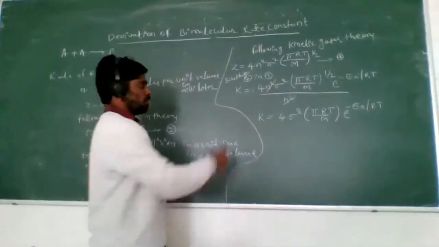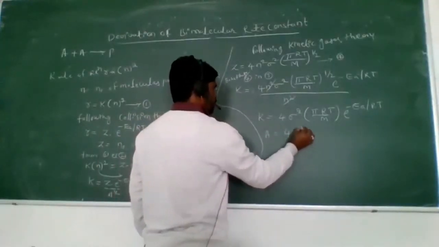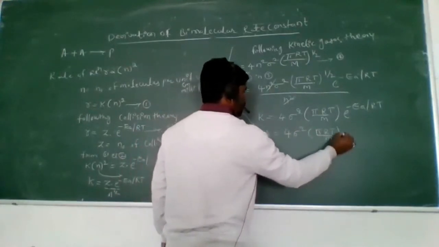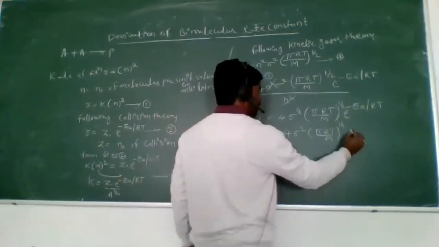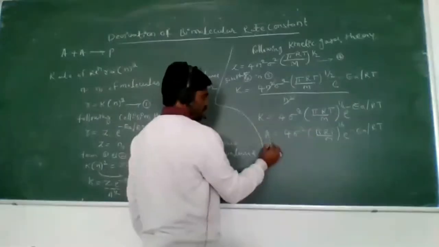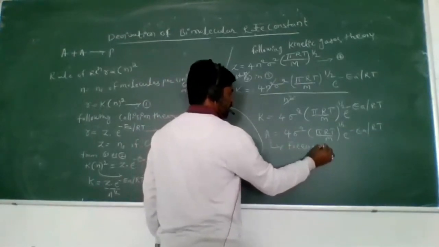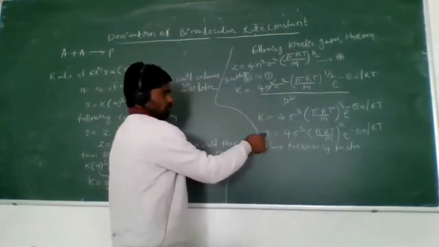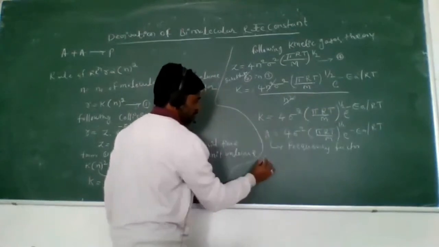Okay. Now A equals 4 sigma squared times pi RT by m to the power 1 by 2. Now this A is the frequency factor. Now we write this whole term as A only.